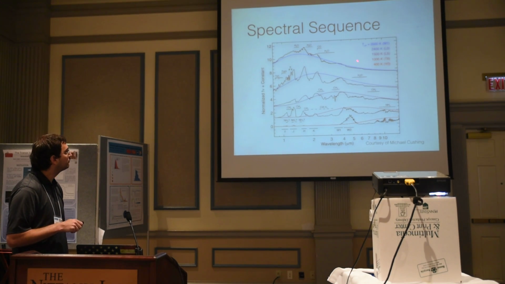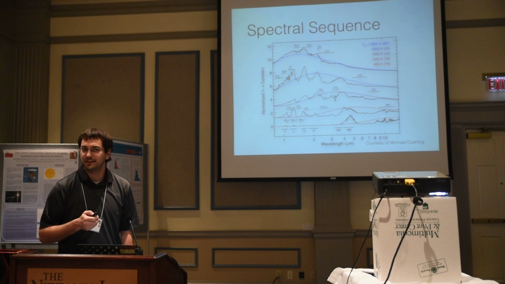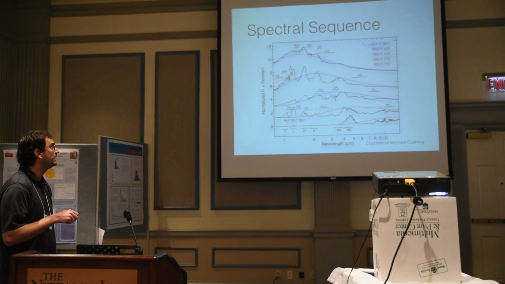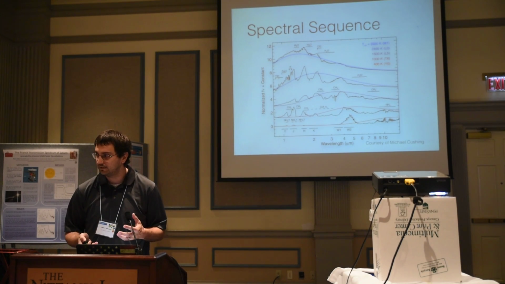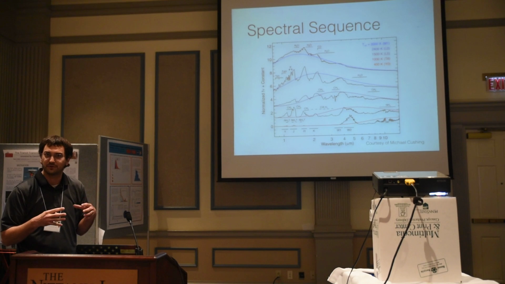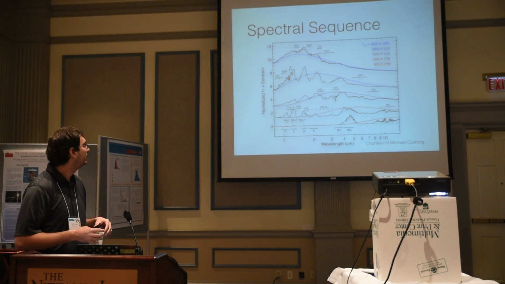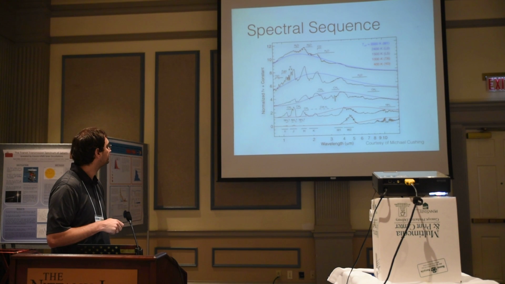If you look at the M dwarf, you can see that the black body and the model generally show a similar shape. But as you go to colder and colder temperatures, the models become distinctly non-Planckian, and that's because as you get colder and colder, different molecules will start to condense, and then you end up with these broad absorption features that pop up.